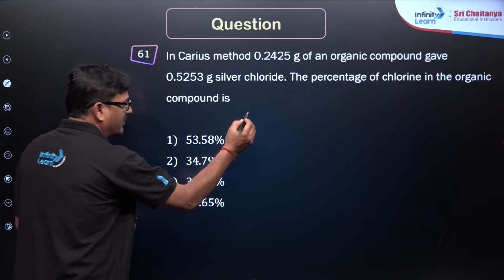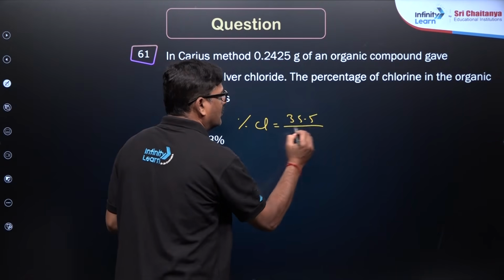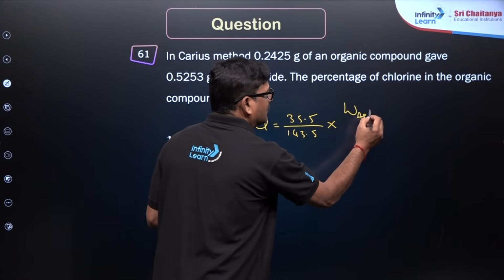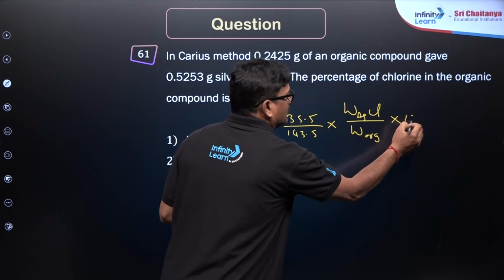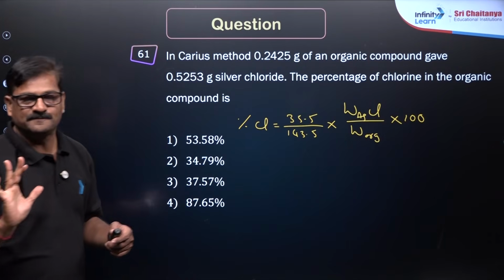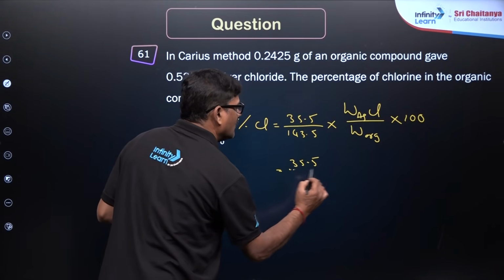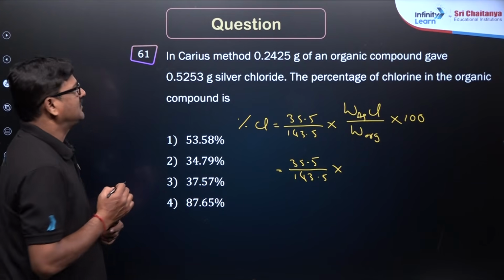Percentage of chlorine can be calculated as 35.5 upon 143.5 into weight of AgCl upon weight of organic compound into 100. Directly you can plug in this formula.